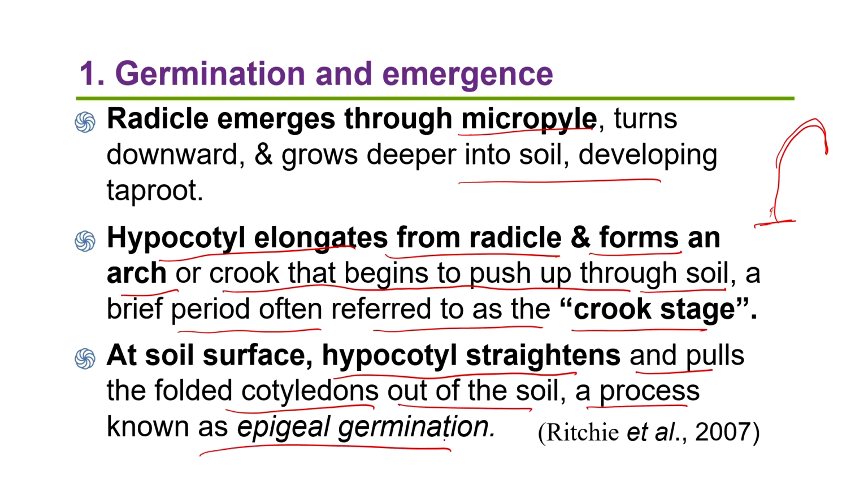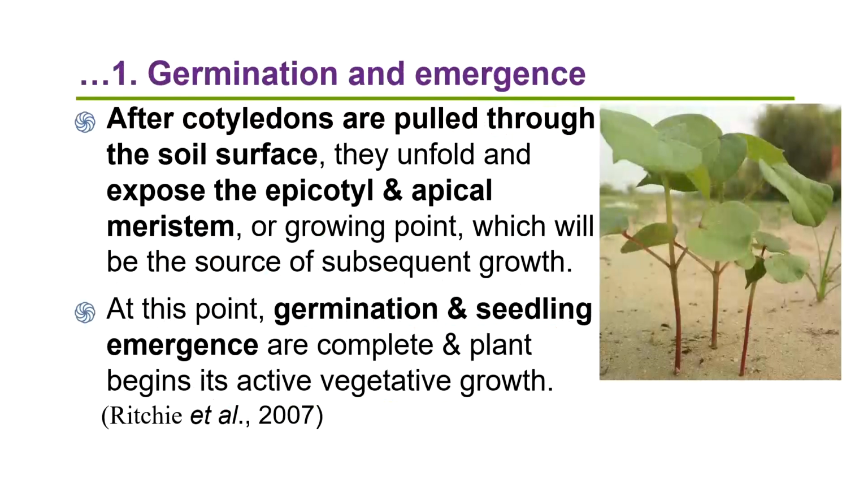So in cotton we find epigeal germination, where cotyledons come out from the soil during the process of field emergence. After cotyledons are pulled through the soil surface, they unfold and expose the epicotyl and apical meristem or growing point, which will be the source of subsequent growth.